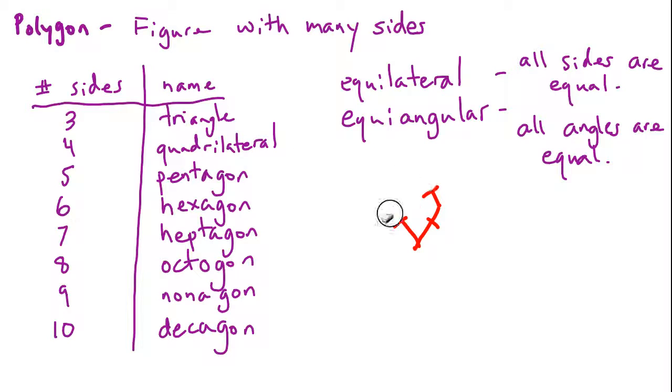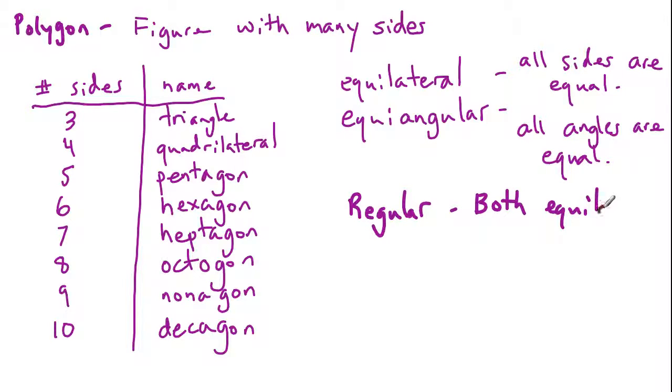Another word that you need to know is what regular means. I'll keep that in blue. Okay, regular means that a figure is both equilateral and equiangular.